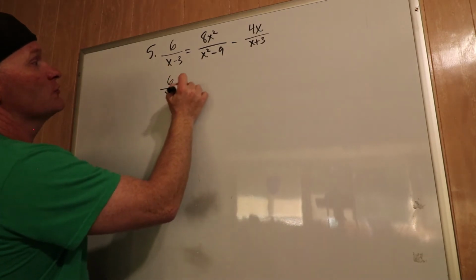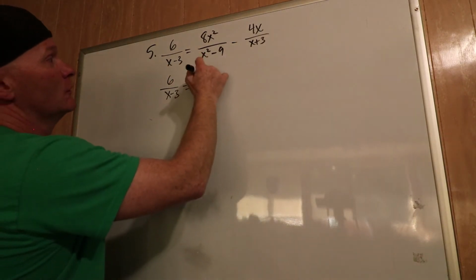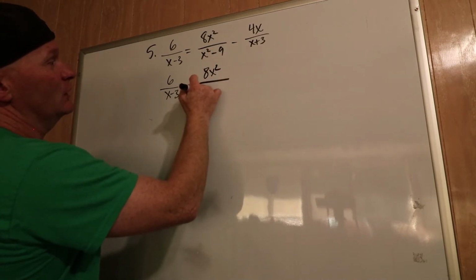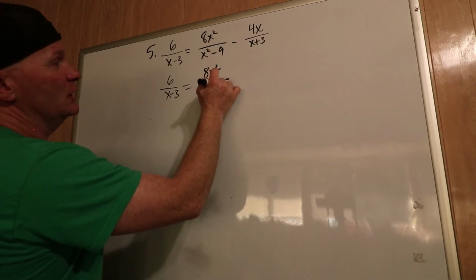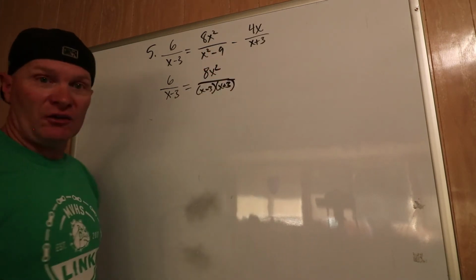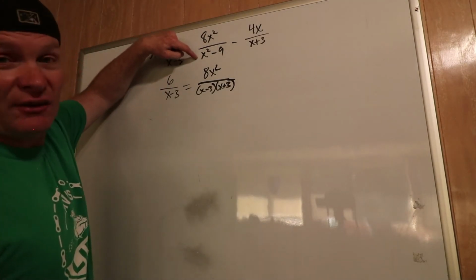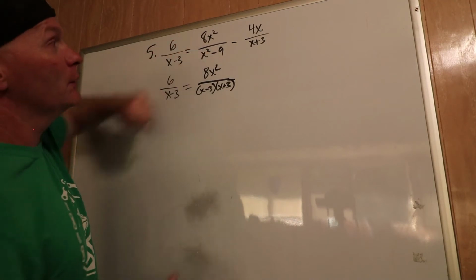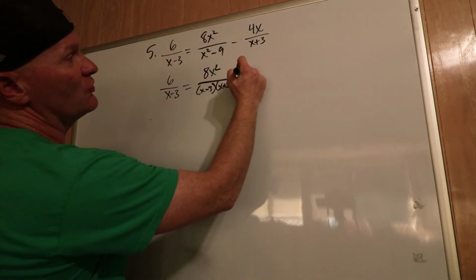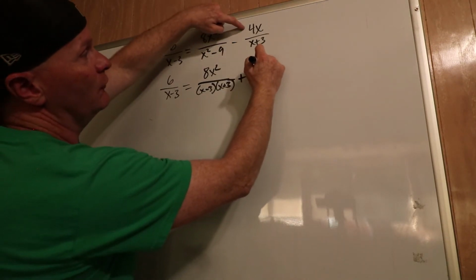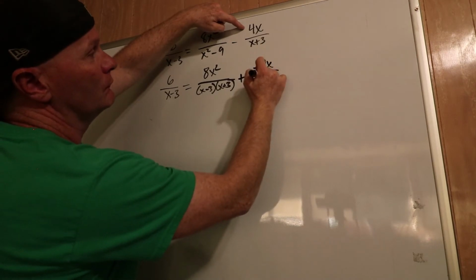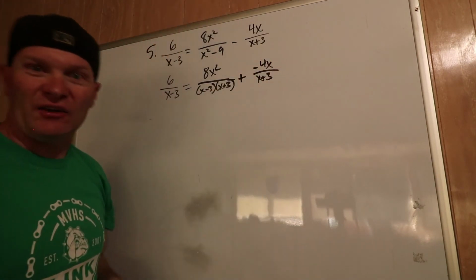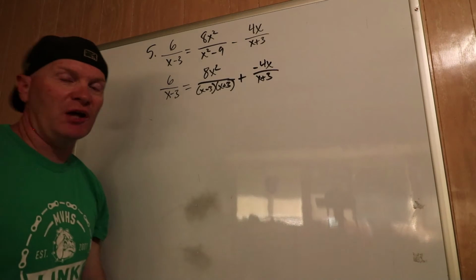Okay, so this is a difference of squares, so I can factor that into x minus 3 times x plus 3. Remember, anytime you get x squared minus just a number, see if you can find the square root of that number. And then I'm going to change this to a plus negative 4x. Means the exact same thing, and it lets us have a plus in there.